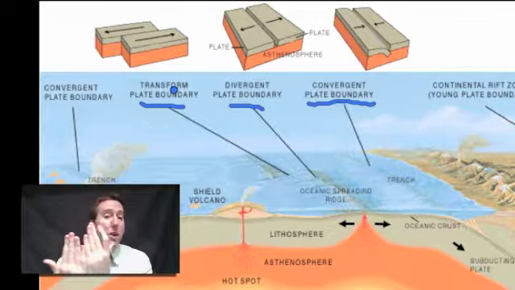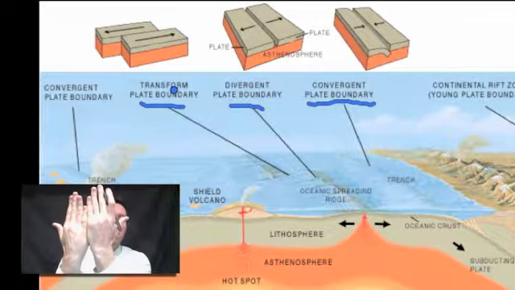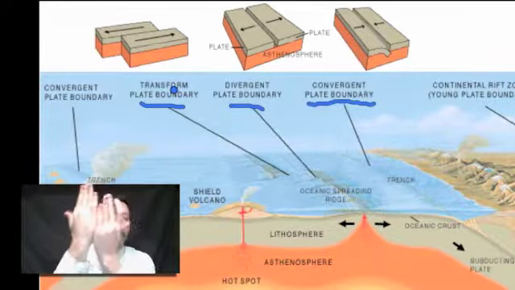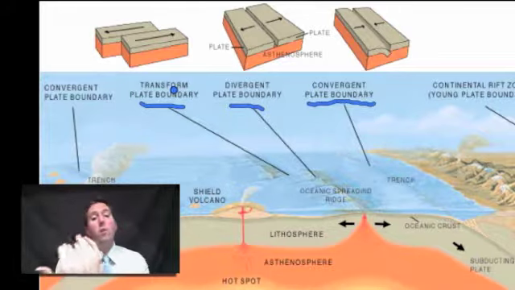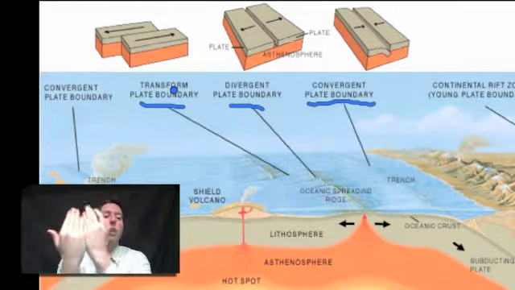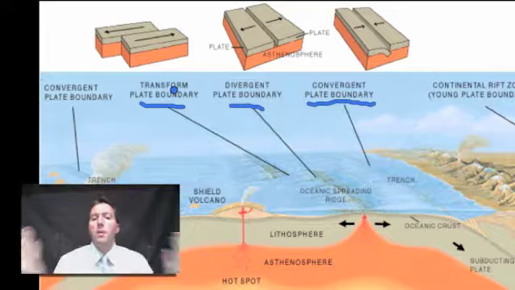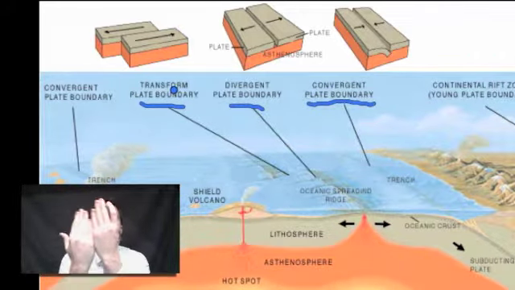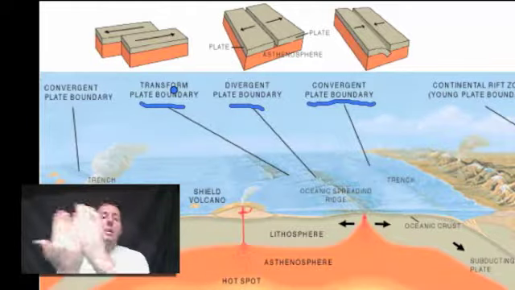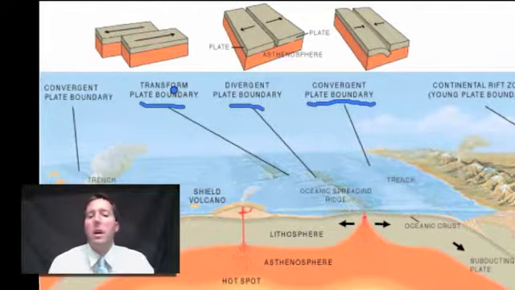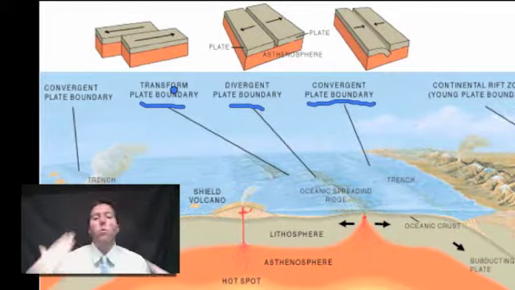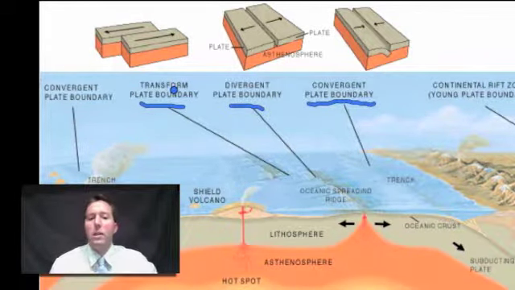They're really big, really heavy, but they'll keep moving, and they get a little bit stuck, and then eventually they'll slip past one another, and that big slip is felt as an earthquake. So when the ground shakes quite fast, that happens in a transform plate boundary when the plates slide past each other, get stuck, then get unstuck, and a big slip occurs.